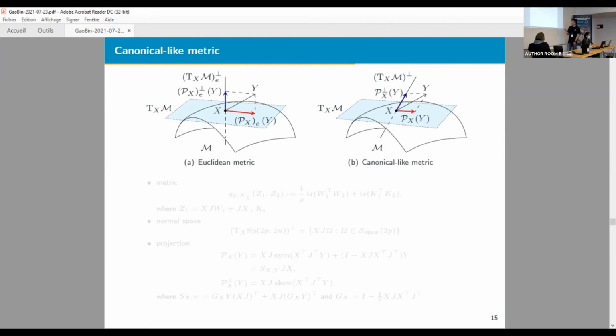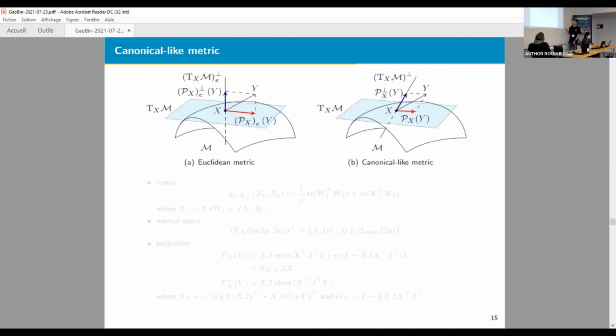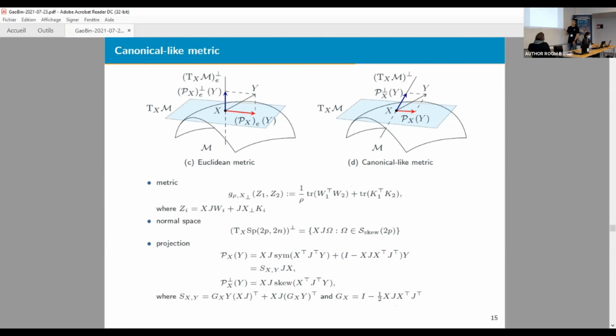Actually, you can find the projection does not admit a closed form solution. If you want to compute the projection onto the tangent space, you need to solve an equation, a Lyapunov equation like this. This may not be convenient in our practical computations. So we consider another metric. I won't go into the detail of this metric, but with this metric, we can have the explicit projection, and you don't need to solve an equation here.